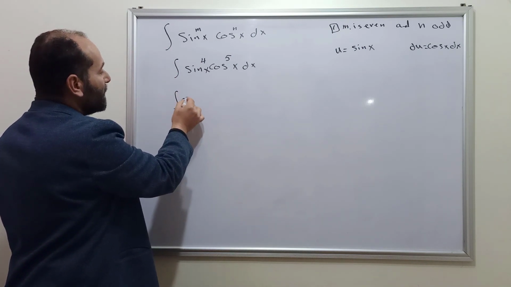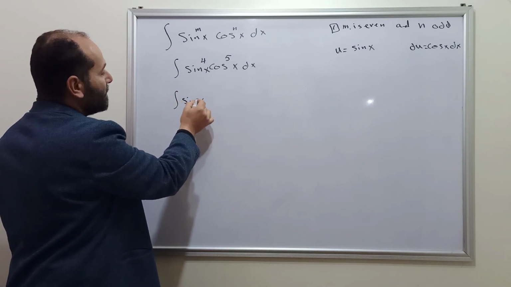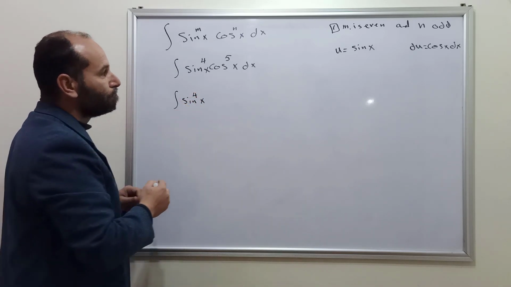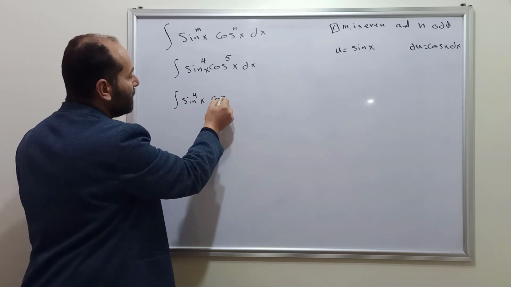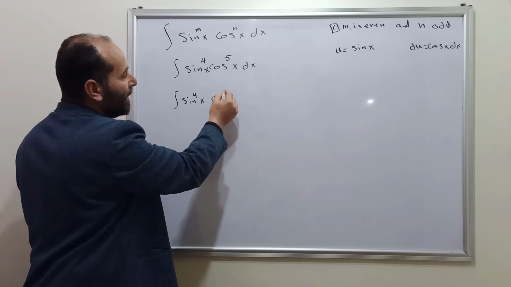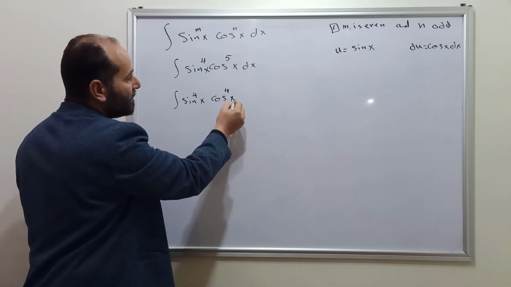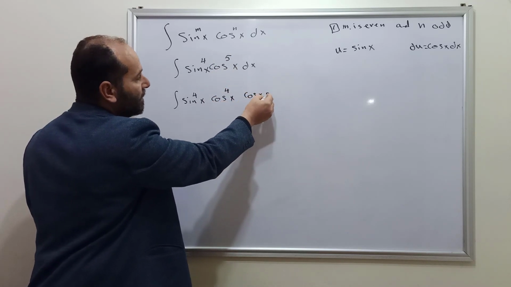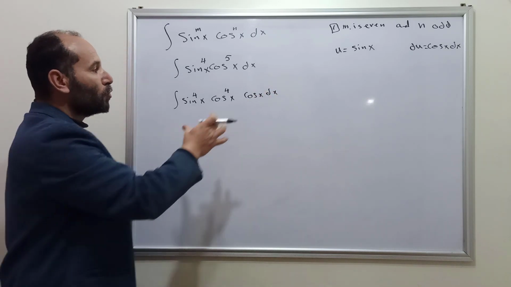Sine is to the power 4 and cosine is to the power 5, so we make it cosine power 4 x times cosine x dx to make du.